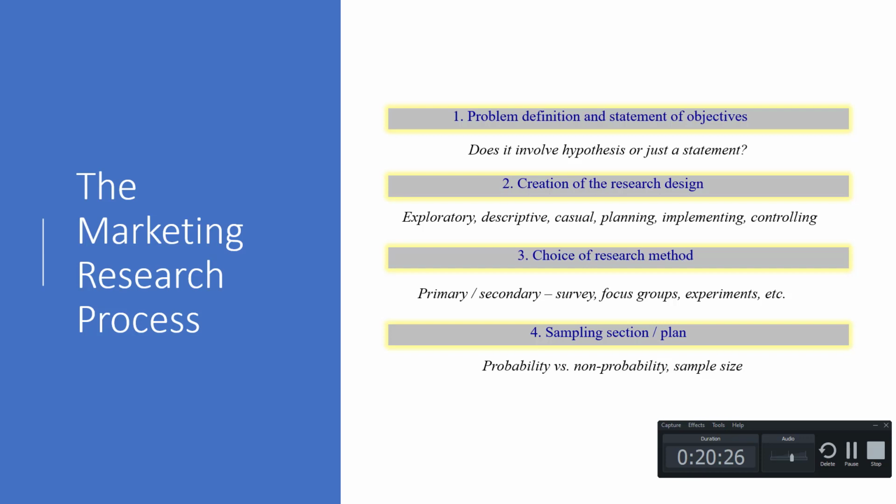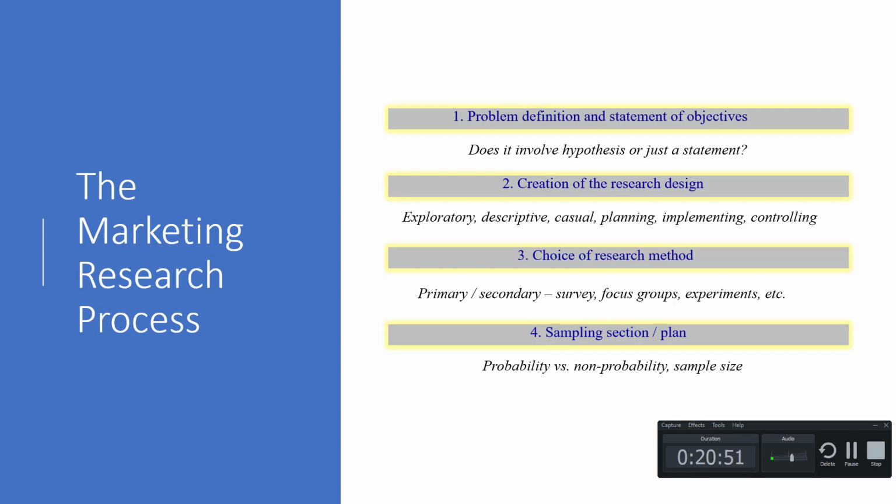For example, if we hypothesize that there's a positive relationship between customer satisfaction and sales, we can test it to see if it's true. Obviously, the research objectives drive the process of research design.